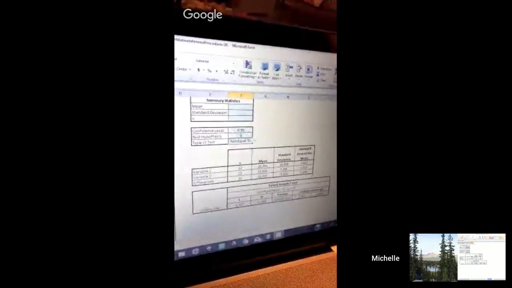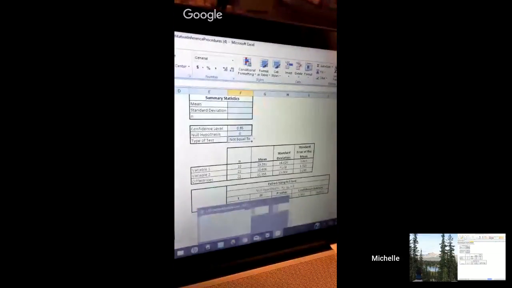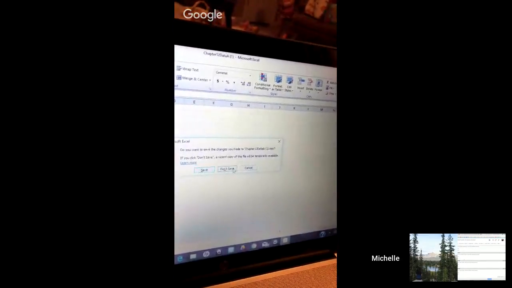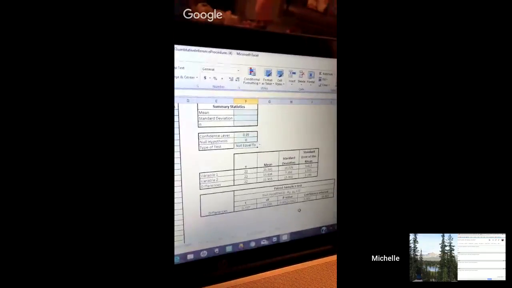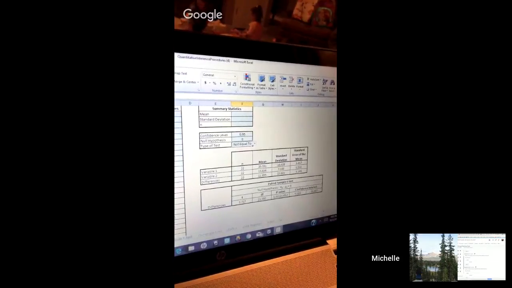Wait, how did we get that? So you didn't put 3.199. No. It's 6.652. All right, and what did you do to calculate that? That's a good question.